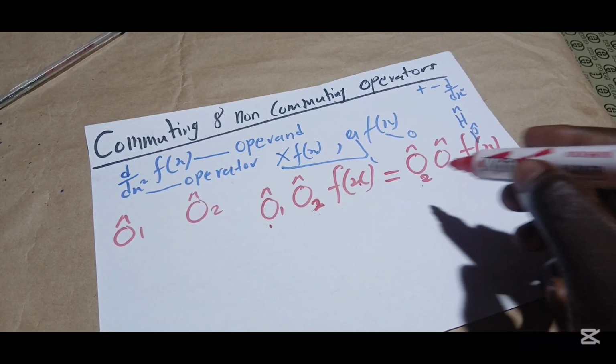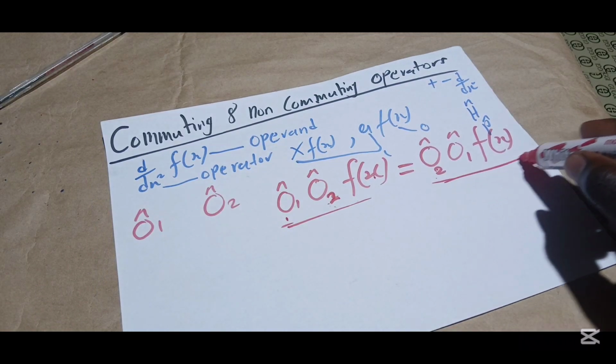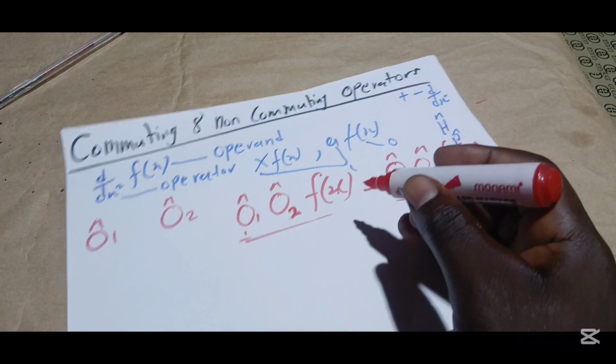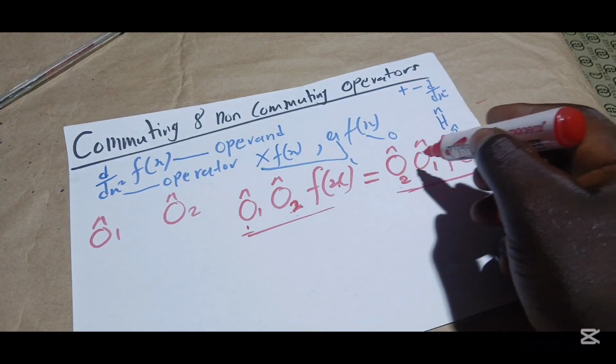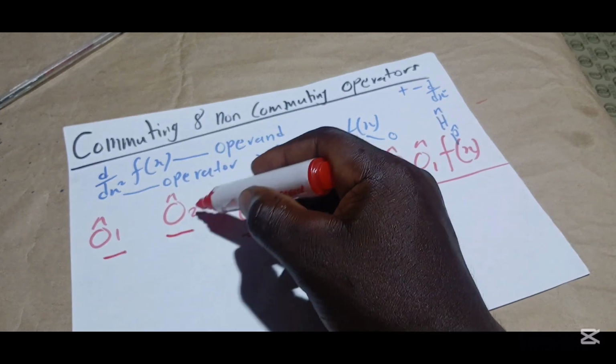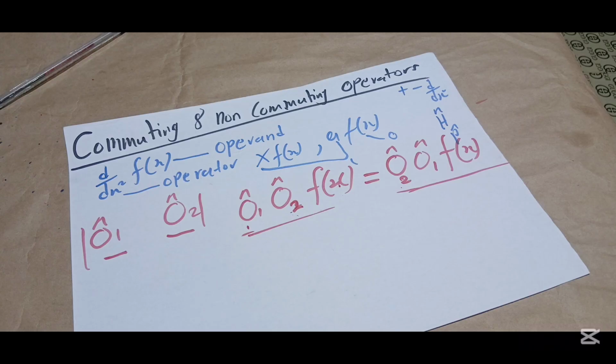So we want to know whether this side gives us the same result as this side. If it gives us the same result, then we can say our operators do commute. So they are commuting operators. If this side equals this side, then operator 1 and operator 2 do commute. We will soon look at the reason why we should know this.